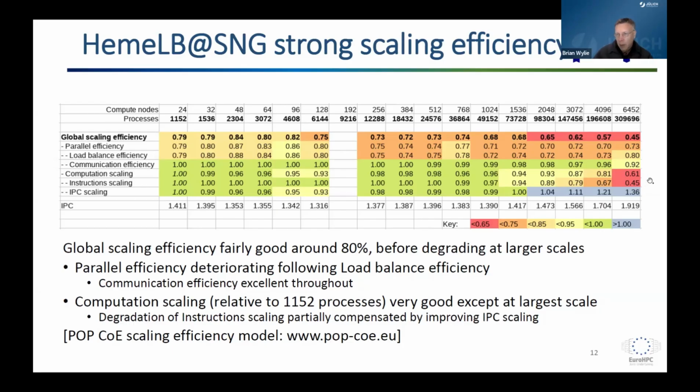So at this very largest scale, there was just not enough work left for the processes to be doing in the internal parts of the grid. They were doing most of the work having to process the border regions, the exterior part, and then communicate these messages to neighbors. So that was how we could explain the degradation of efficiencies as we got to the very largest scale here.